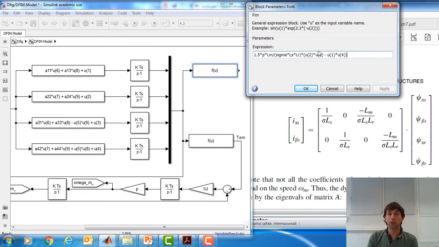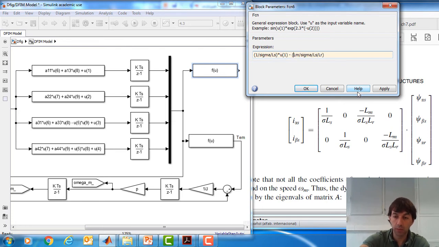Let's put it there. 1 over sigma over Ls, all this multiplied by u1, which is the alpha component of the stator flux, minus Lm divided by sigma divided by Ls divided by Lr.